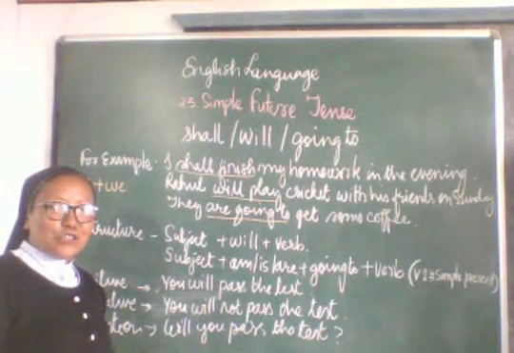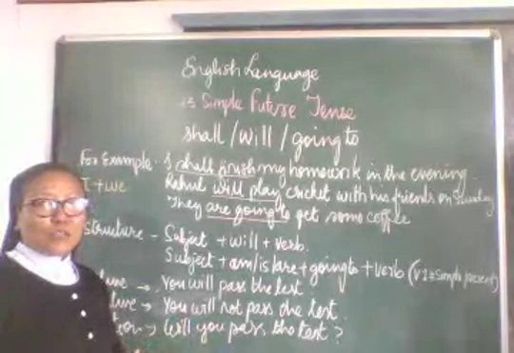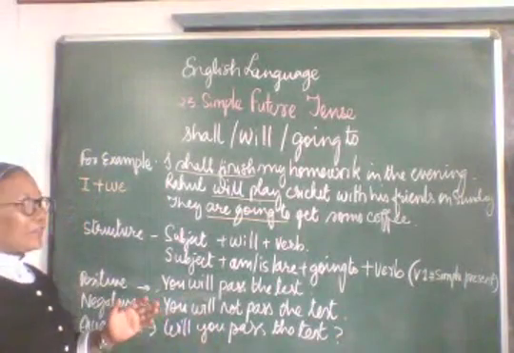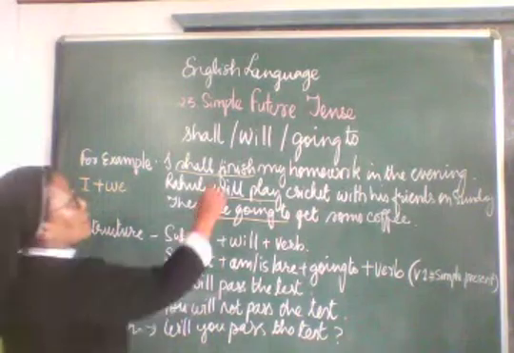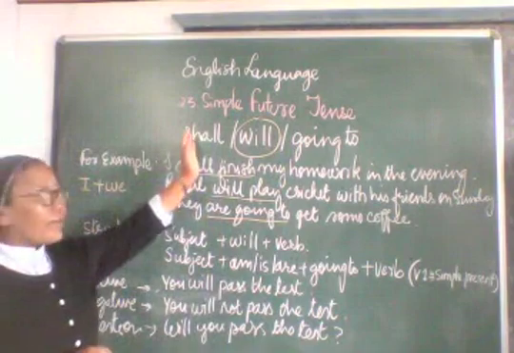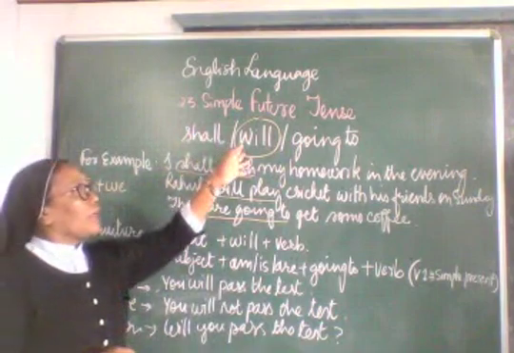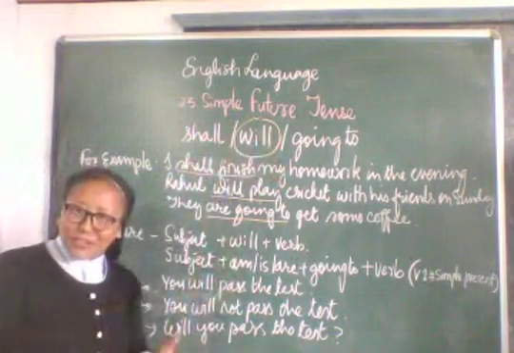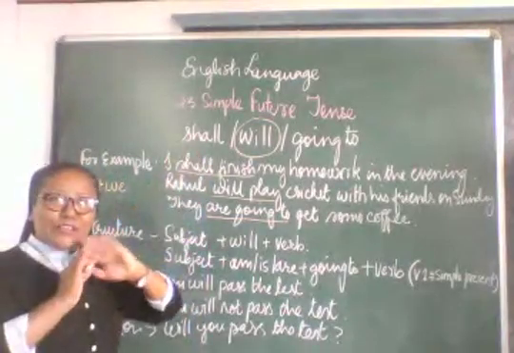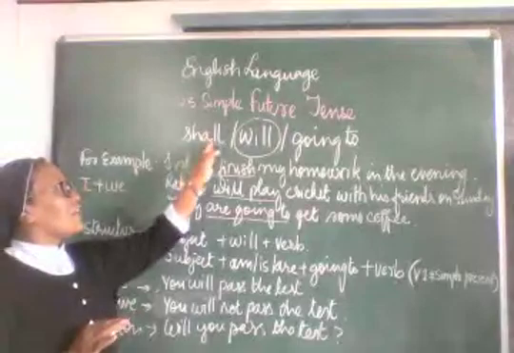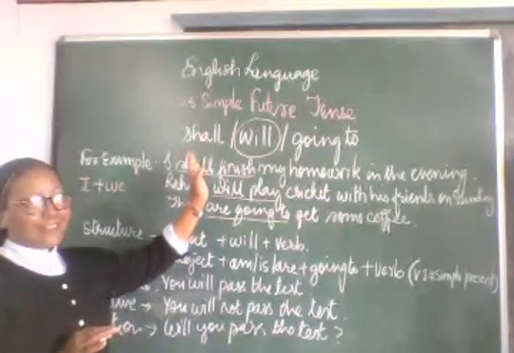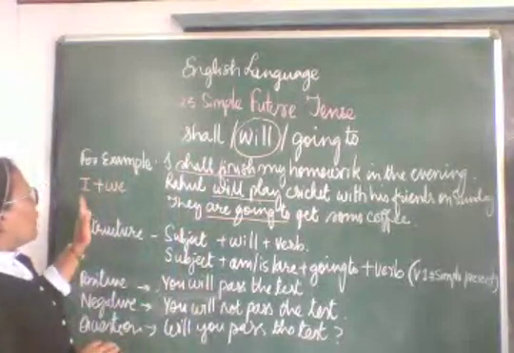So do not worry about will or shall, which one to use for I and we. Don't worry about that, because this is more in use. In whatever way, shall, will, or going to, they express the future time. So don't worry about shall or will, both will be correct.